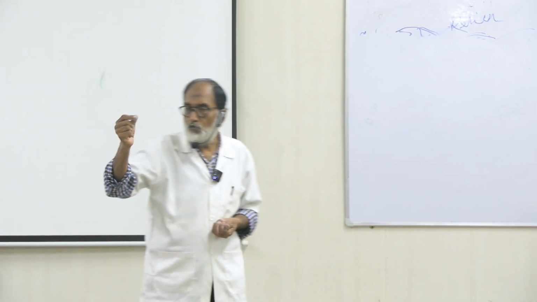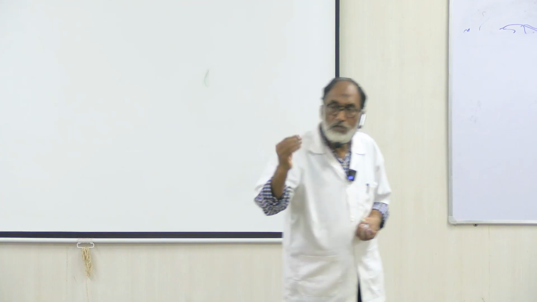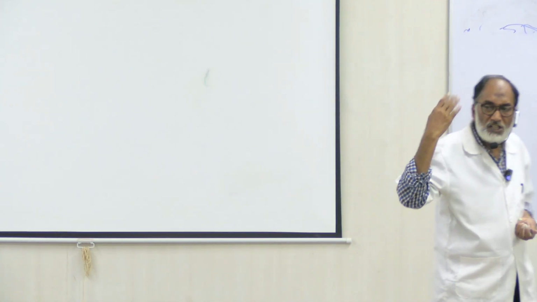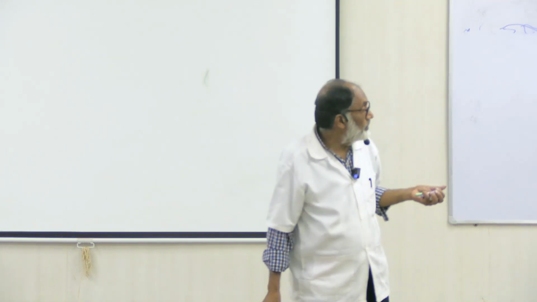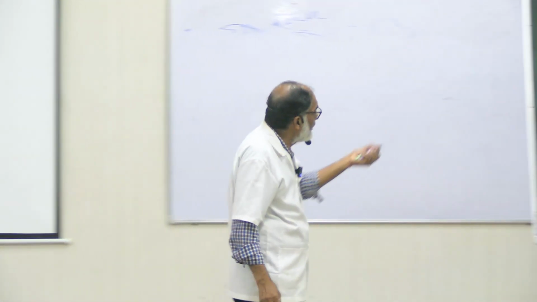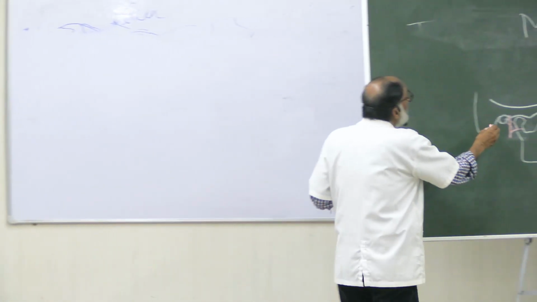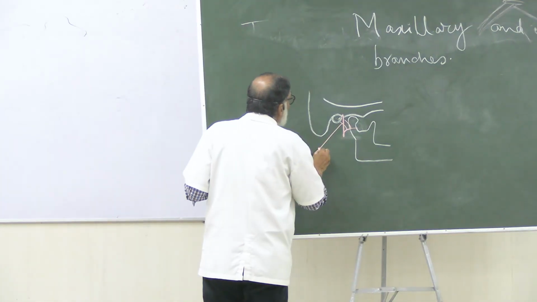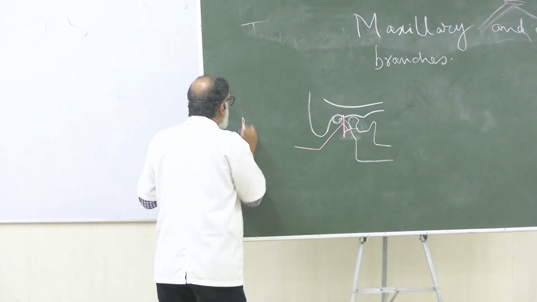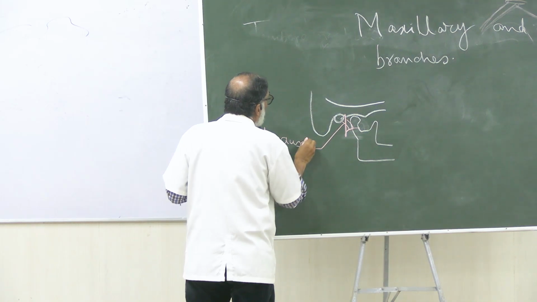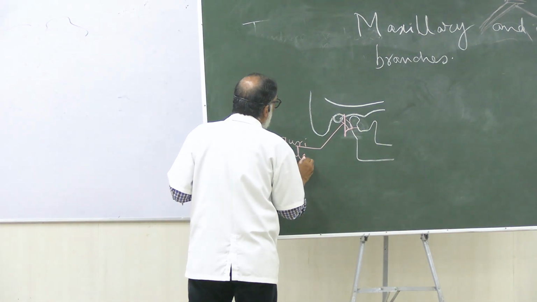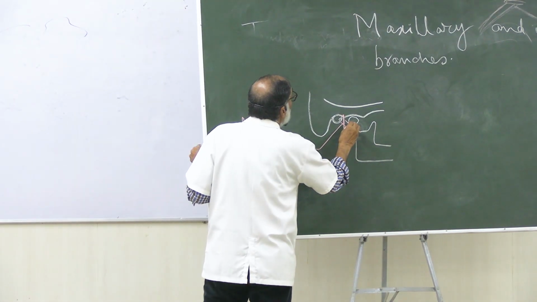It will pass through the squamotympanic fissure and will enter the outer aspect of the tympanic membrane. Now this is the first branch, the deep auricular. Then this one is the anterior tympanic.